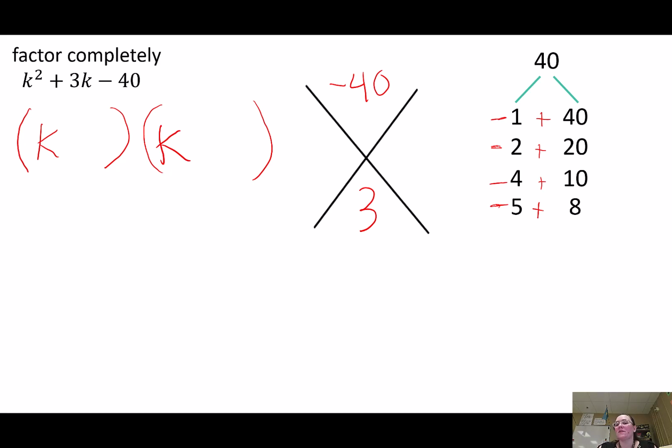Well, negative 1 plus 40 is going to equal 39. Negative 2 plus 20 gives me positive 18. Negative 4 plus 10 gives me 6. Negative 5 plus 8 gives me 3. So here's my factor set that I'm going to use: negative 5 and 8. So we have negative 5 times 8 gives me negative 40.